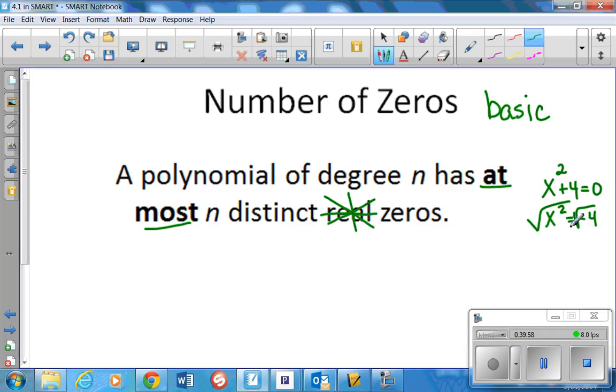Oh, maybe that's what the definition is getting at with at most. So some of them could be imaginary. Yeah, that's what they're getting at. Do you see what I'm debating in here? It doesn't mean that if you have an x to the fourth you're going to have 4 real solutions, because some of them may be imaginary. But that's why this says at most. I'm second-guessing the book's definition. I shouldn't do that at all.